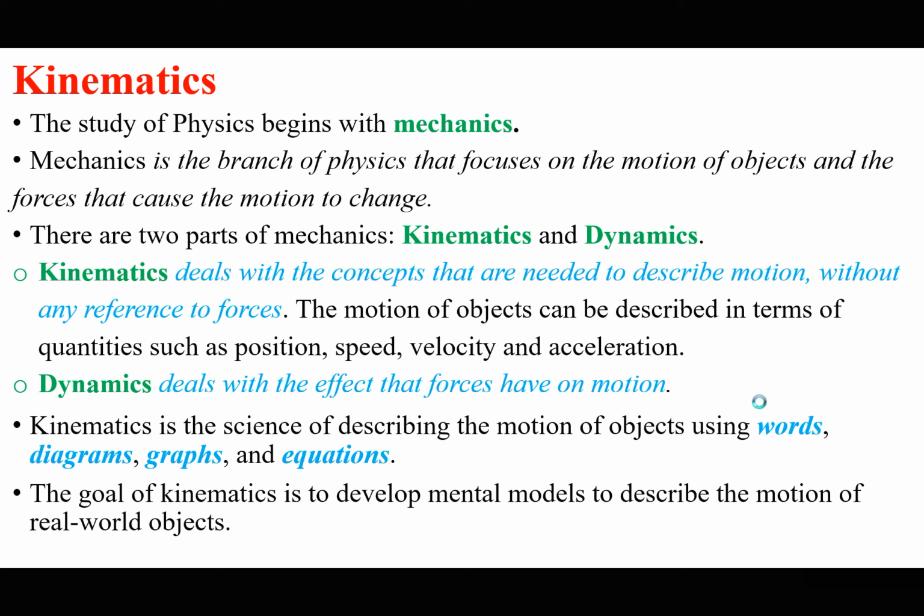Okay, so the first thing we shall do, because we said in kinematics we describe motion using words, diagrams, graphs, and equations, we shall begin describing motion with words. So let's talk about describing motion using words.